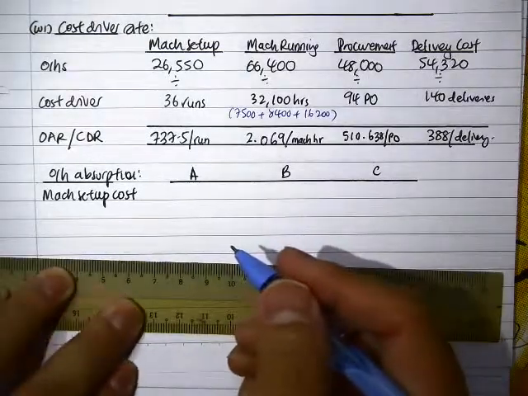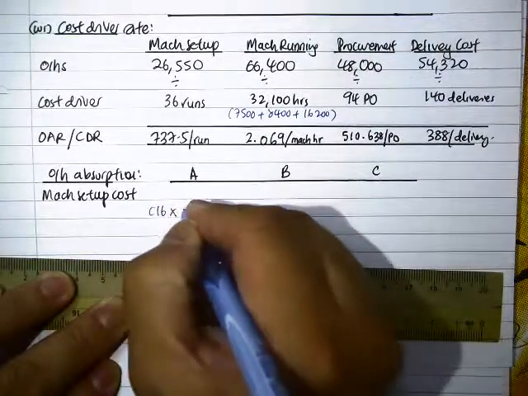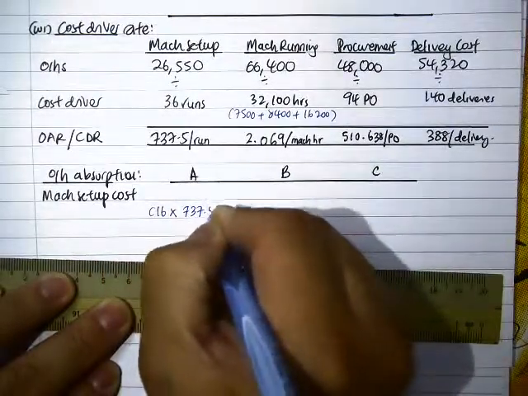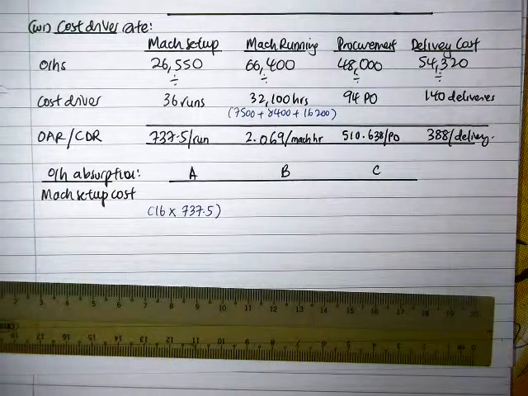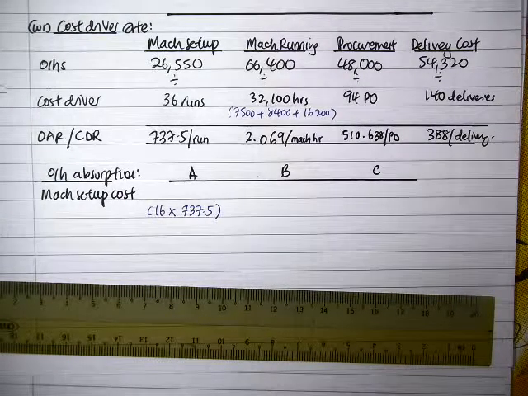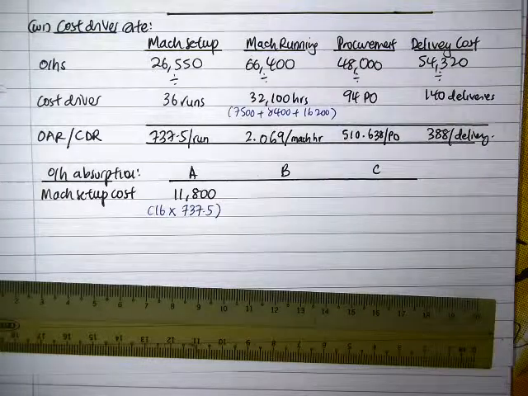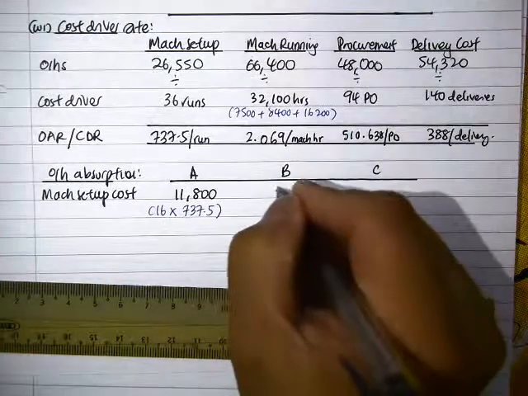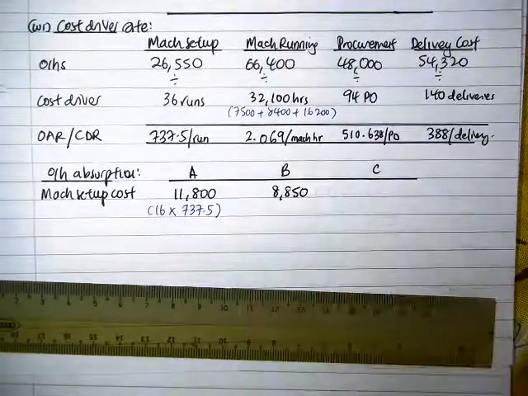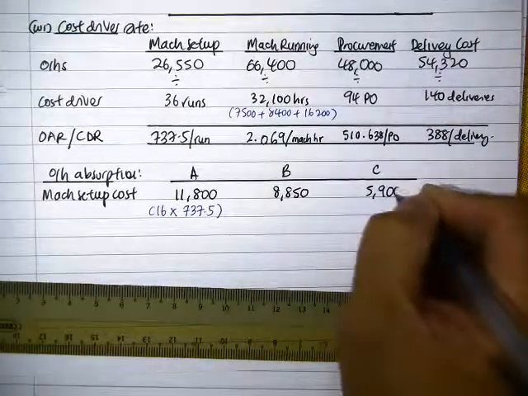So here we have 16 runs, and every run is 737.5. Okay. Alright, so 16 times 737.5 is 11,800. And then we have 12 runs, so 8,850. And then we have 8 runs, 5,900.